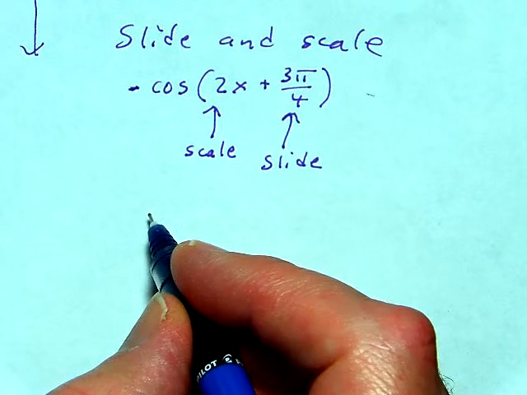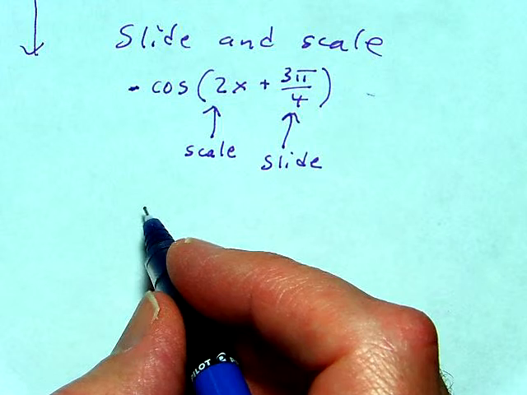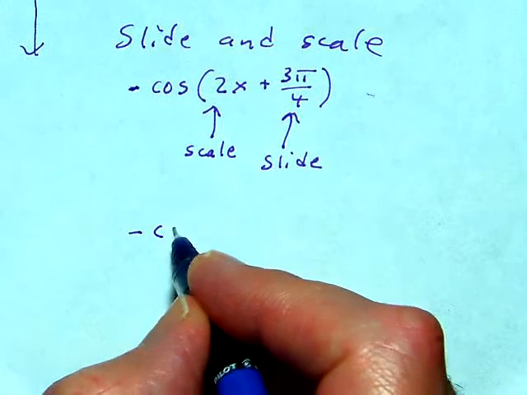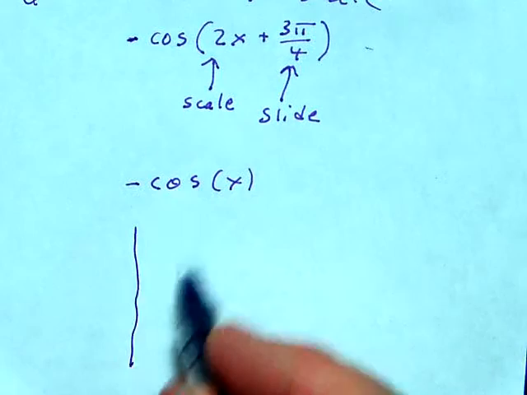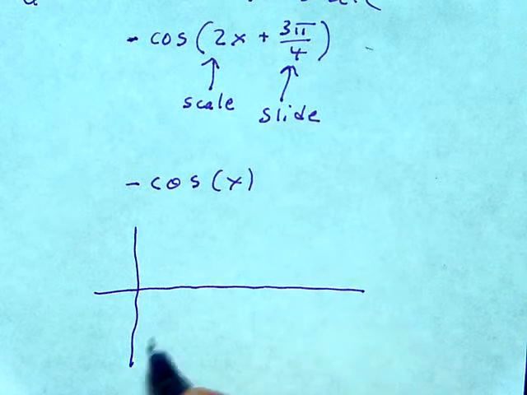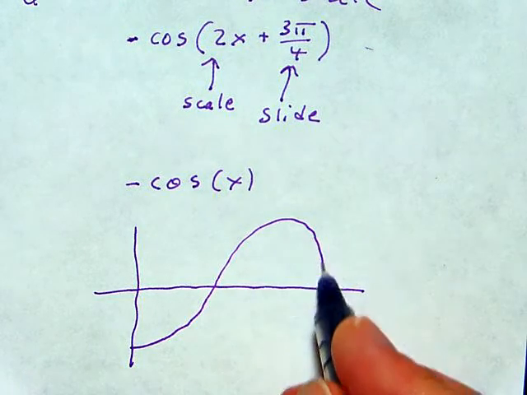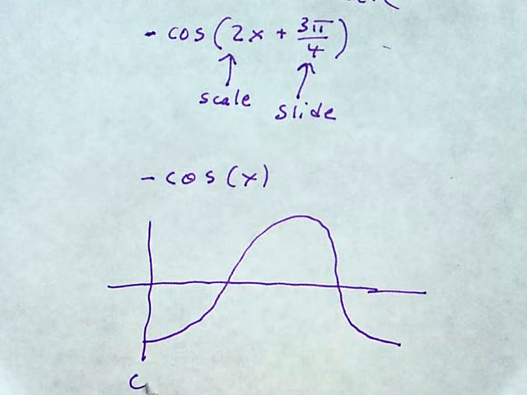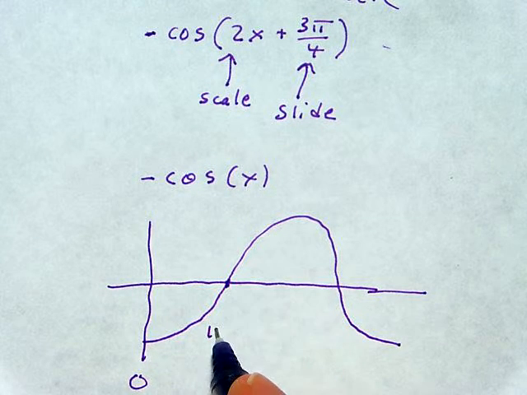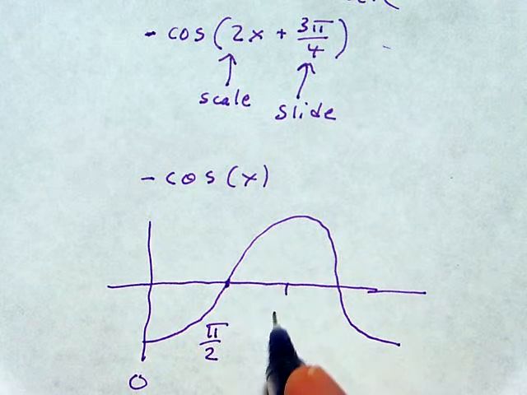So once again, we start with our parent function, which is negative cosine of x, and we have to know how to draw that out properly. And just like we did before, we draw out our curve, and we have the same landmarks in terms of x values.